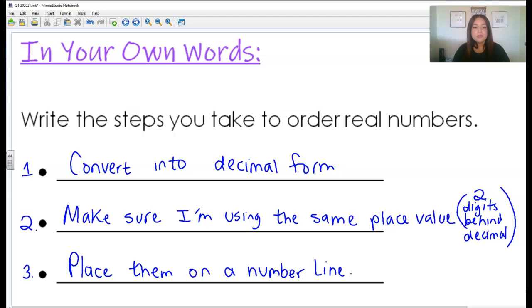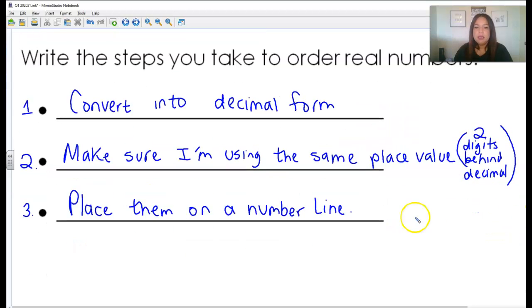If I want to graph numbers on the number line, it's great, but if I want to do it so perfectly, it's going to take me a long time. What I like to do is think to myself, okay, on the negative side, which one's farthest away from 0, right? Because then that tells me which one's the least one, okay? And then I just kind of go in order like that. So when I'm putting them on the number line, it's more of a rough placement. In this case, we're not doing exact, okay?